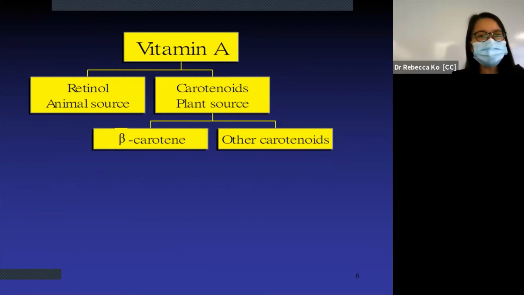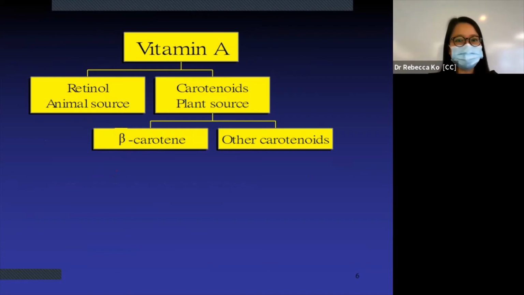For vitamin A, there are two main types. One is retinol, and the other is carotenoids. For retinol, we get it from animal food, the foods from animals, let's say beef liver, eggs. For the second one, the carotenoid, that is from plant sources.